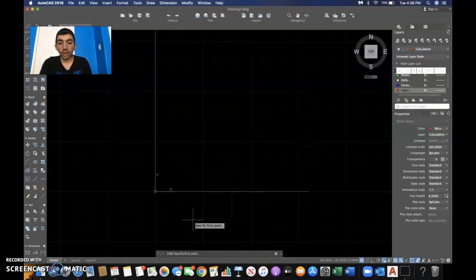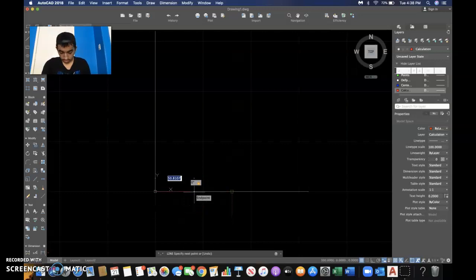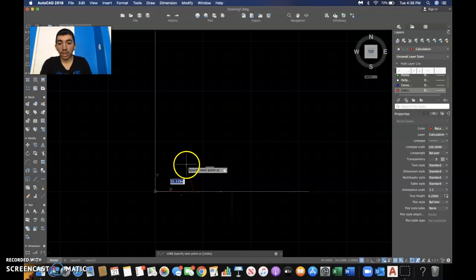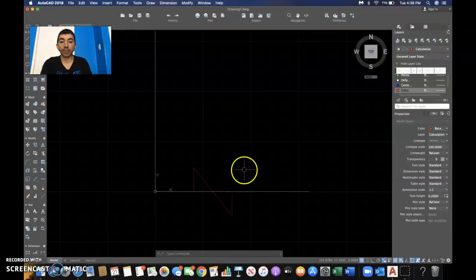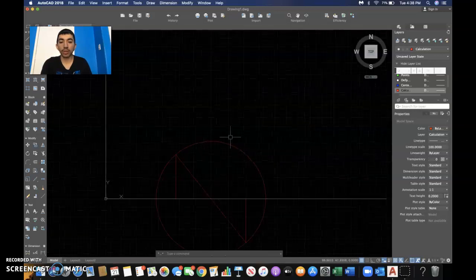And then do another line at 50, and then go up 30. Okay, so here I have my circle, my Mohr circle. I'm going to zoom in just a little bit.